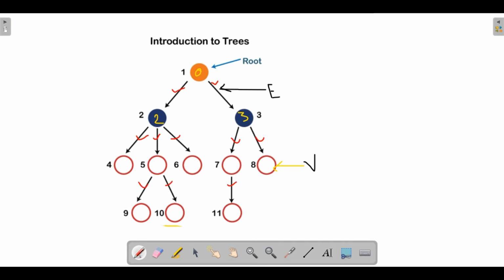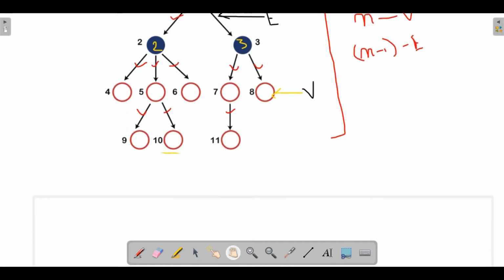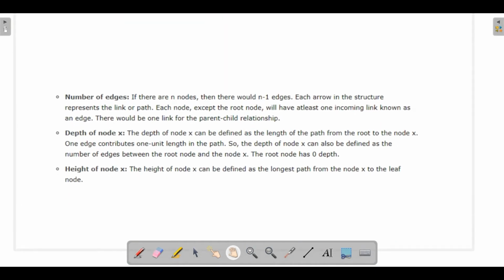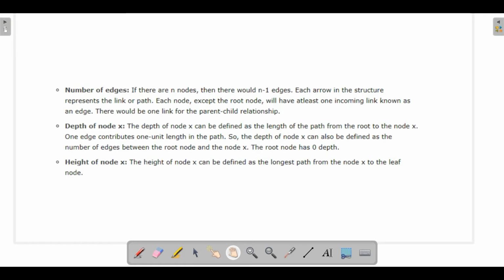So if a tree has n vertices, then it would have n minus 1 edges. That you should understand. The same is written here also: if there are n nodes, then n minus 1 would be the edges.